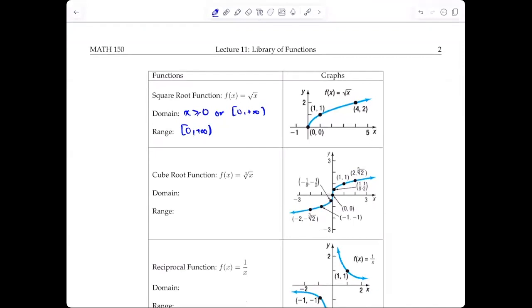So for cube root functions or odd root functions in general, we don't care much about the domain. The domain is going to be from negative infinity to positive infinity.